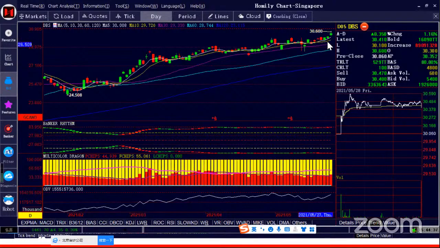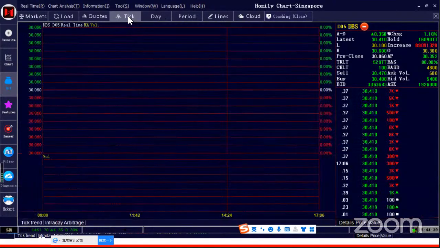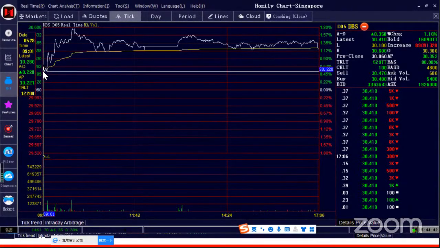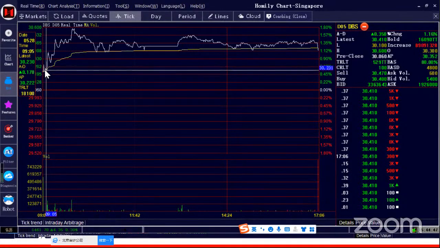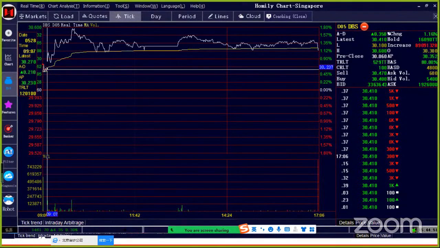If you find the stock is bullish, you go to the tick chart, and once the stock penetrates above the yellow line, then probably that is your buy point, right? So for example here, once it penetrated the yellow line, that might be your buy point. That is how you use the tick chart to get the buy point.